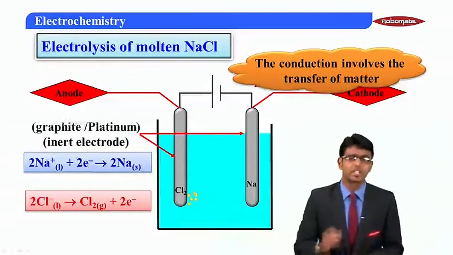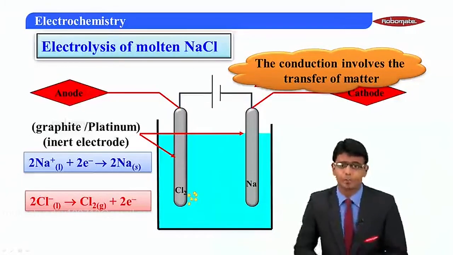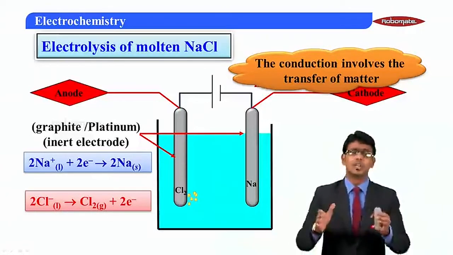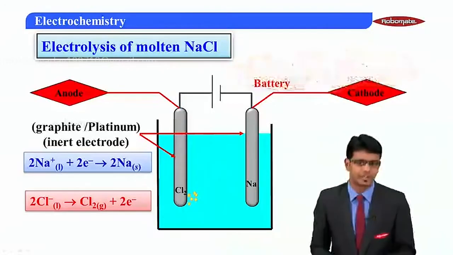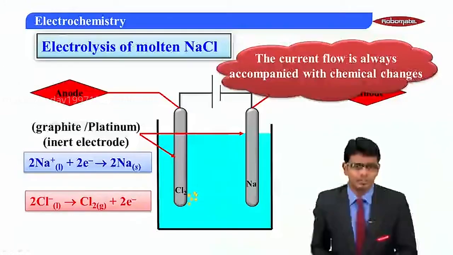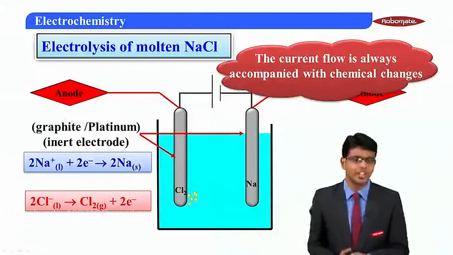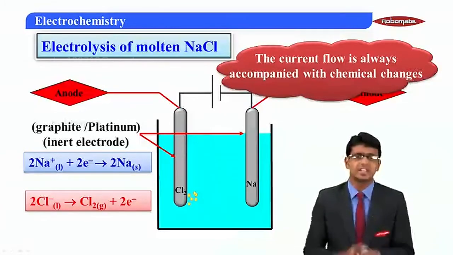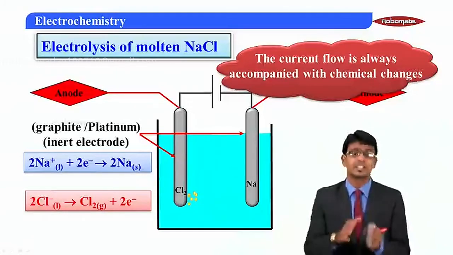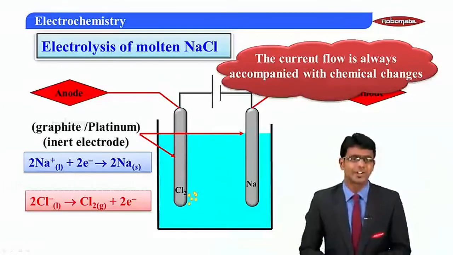And because of the transfer of matter, a chemical change or chemical reaction is observed. So the current flow here is always accompanied with chemical changes. You can clearly see that molten NaCl is decomposed, or you can say it is electrolyzed. I hope this is very clear to you all.